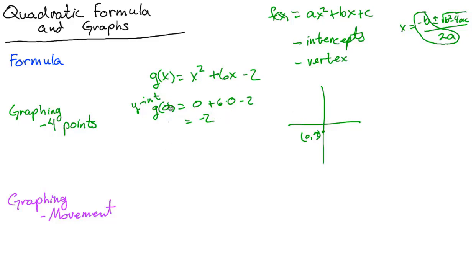Okay, so now let's find the x-intercept. So we stick a 0 in for y, and we get x squared plus 6x minus 2. We could complete the square or use the quadratic formula, but this guy doesn't factor. Nothing times to 2 and adds to 6. So quadratic formula, here we come. x equals -b plus or minus square root b squared minus 4 times a times c all over 2a.